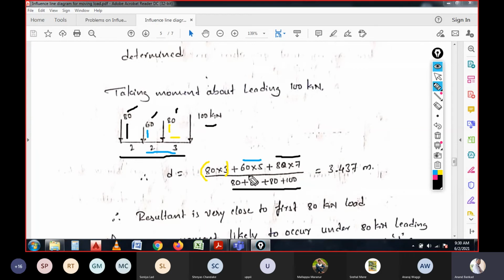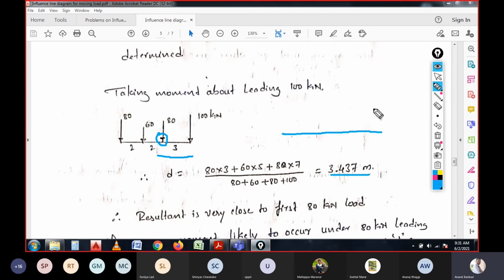This distance is nearer to the load of 80 kilonewtons, because we have taken the point over here. That means it does not lie exactly at 3, it has some 0.437 meters of eccentricity, right? Are you getting what exactly I am telling here?